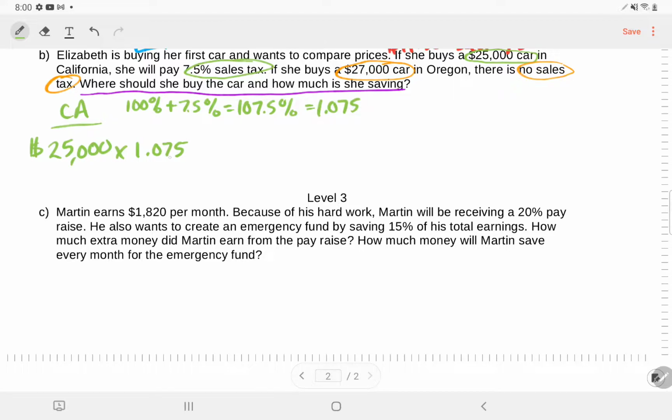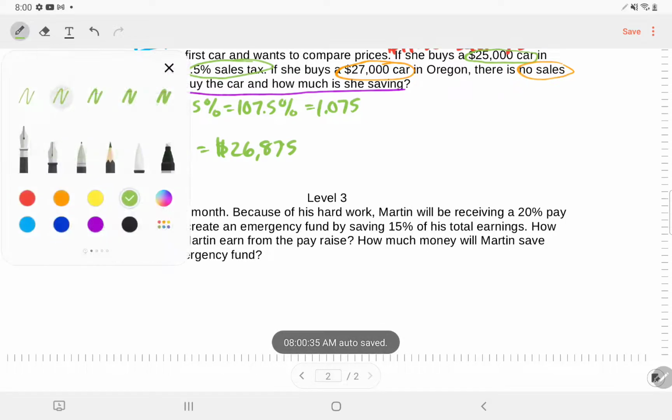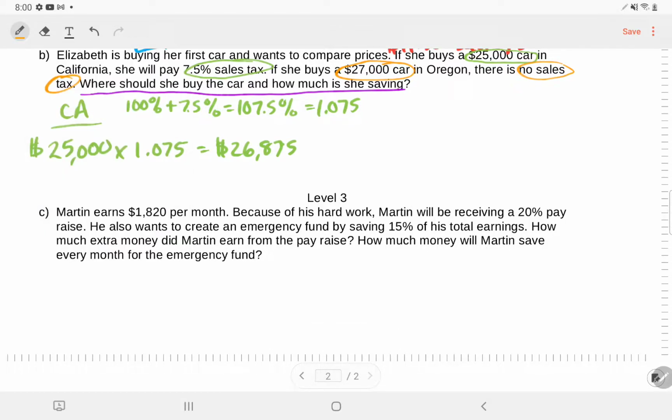So 25,000 times 1.075, we're going to get a total cost in California of $26,875. Now, if we do Oregon, we know that Oregon doesn't have sales tax, so it'll just be a flat $27,000.